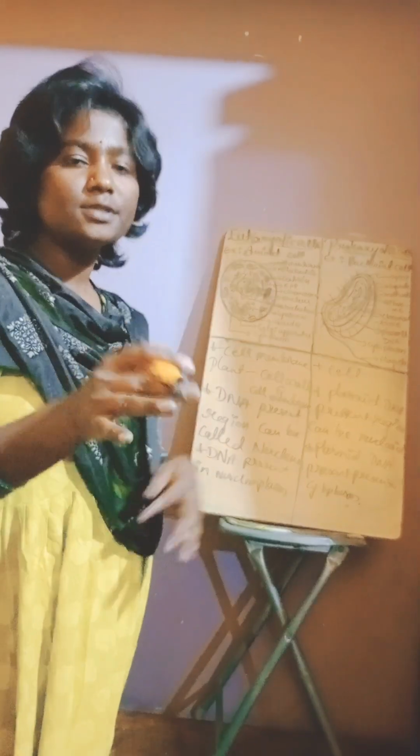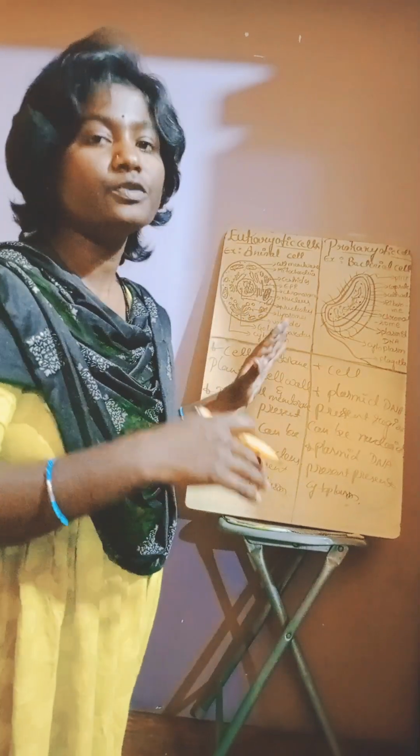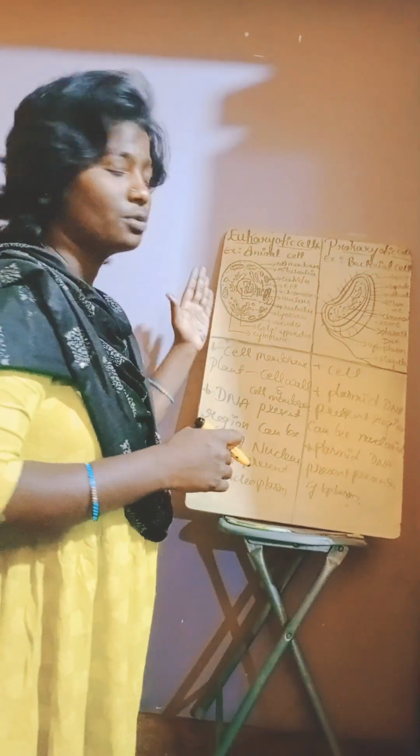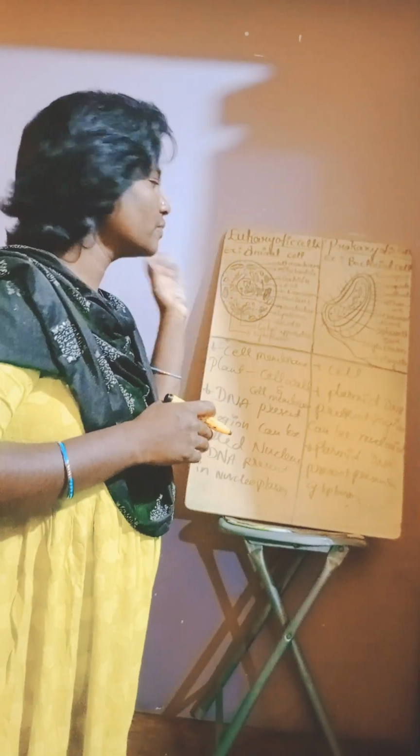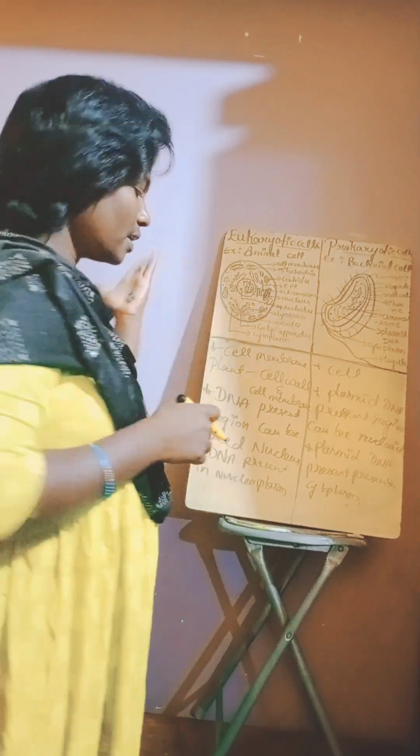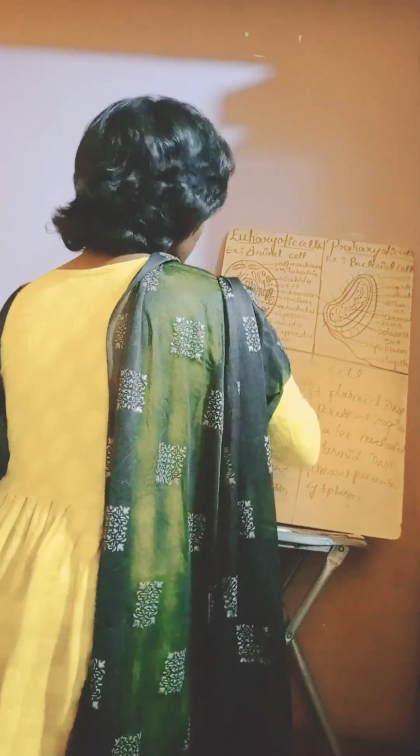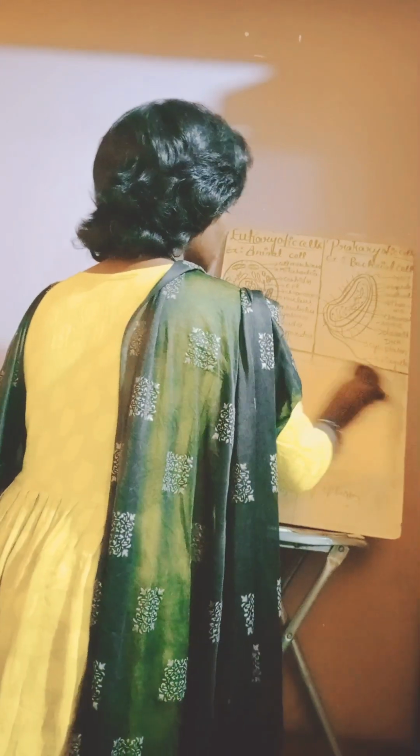Due to the absence of nucleus, there is no presence of nucleoplasm. In eukaryotic cells, the nucleus is present. That's why we can find nucleoplasm. And also we can see further differences on the basis of genetic material.